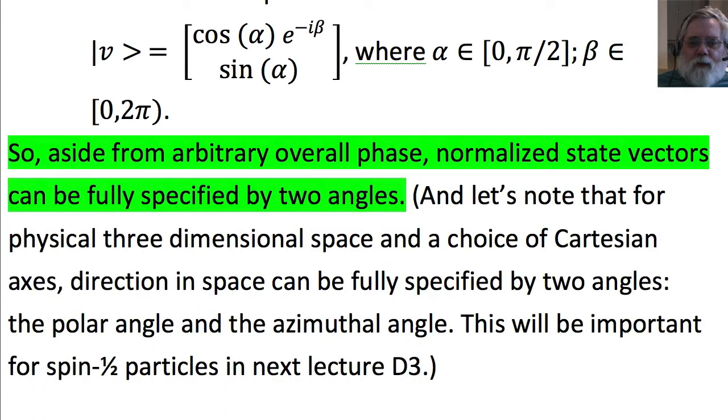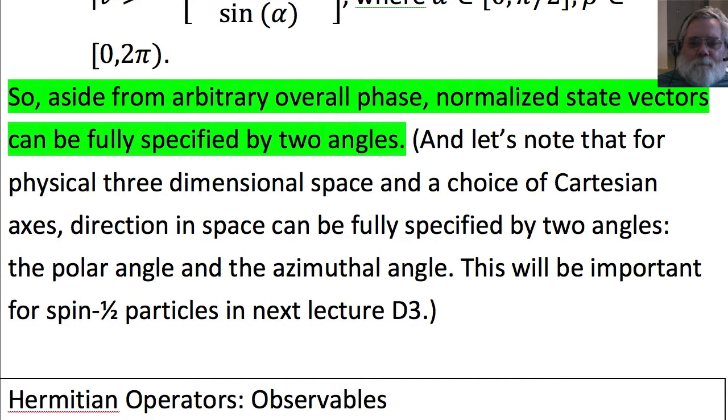So aside from an arbitrary overall phase, normalized state vectors can be fully specified by 2 angles. And let's note that for physical three-dimensional space, starting with a choice of Cartesian axes, direction in space can be fully specified by 2 angles: the polar angle and the azimuthal angle, theta and phi.